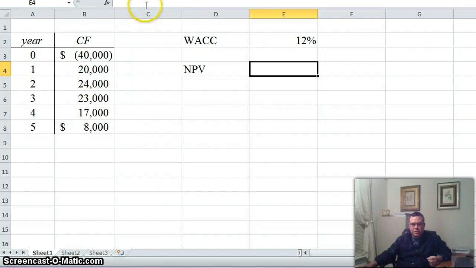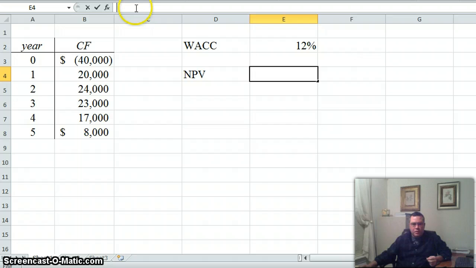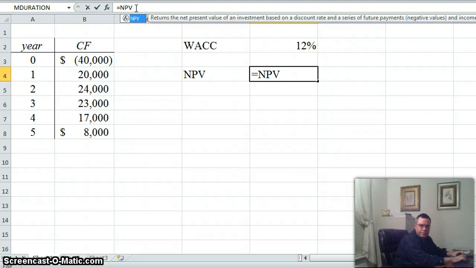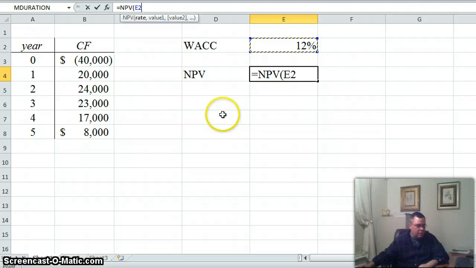So there's an Excel function for this. That might be a little small, but you've done this before. The function is equals NPV. You have to put your rate in first. That's really small, but rate first. So I click that cell, put a comma in, and then I'm going to put in my cash flows.